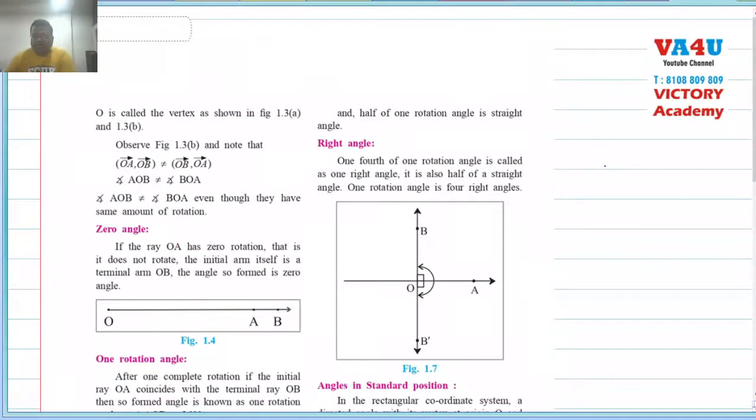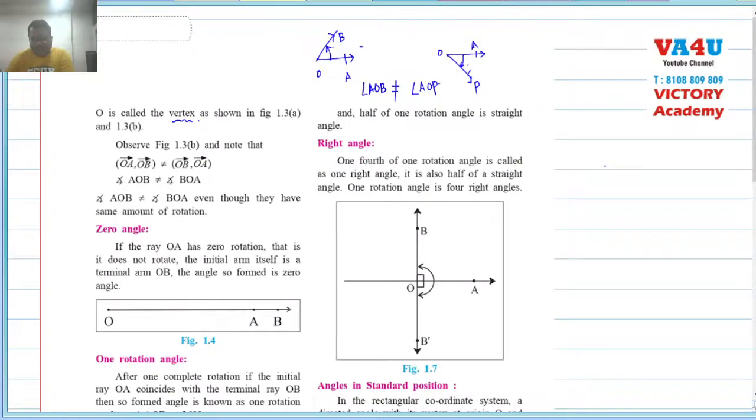Okay, we know that the point from where the two rays start is called the vertex. Also, suppose I have an angle AOB which is like this in the anti-clockwise direction, and I have another angle of equal measure AOP, equal measure but in clockwise direction, then angle AOB is not equal to angle AOP.